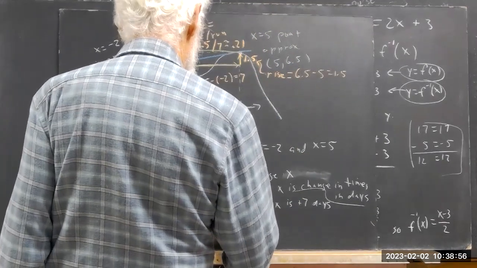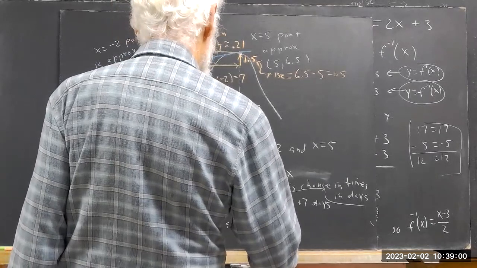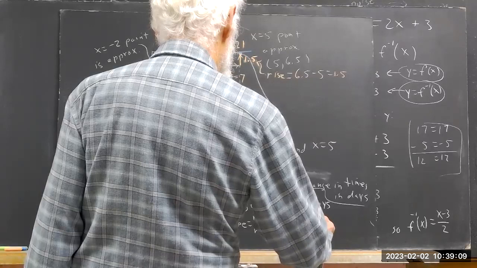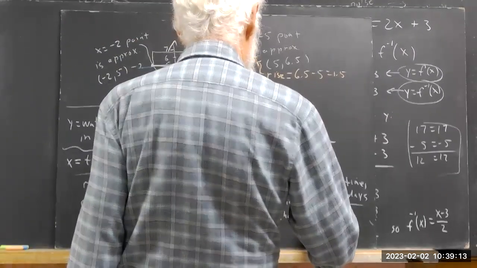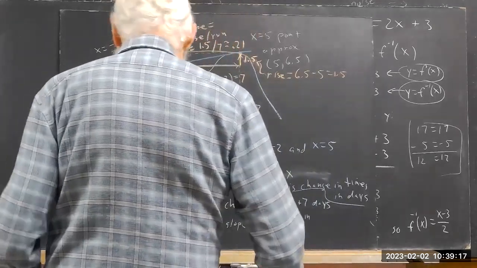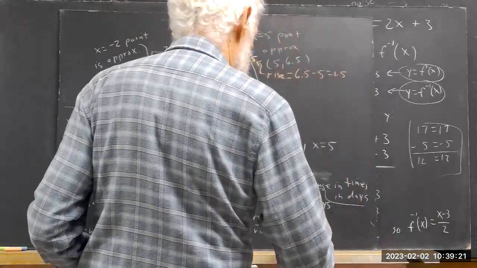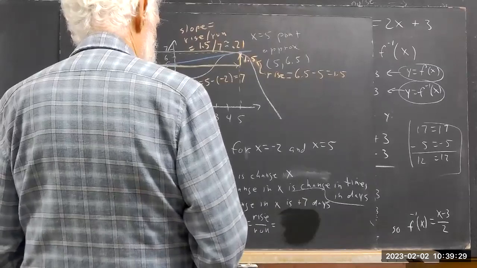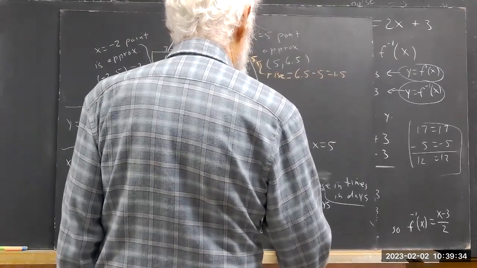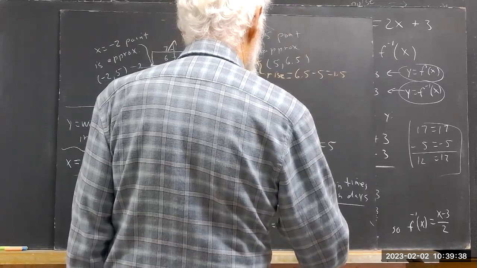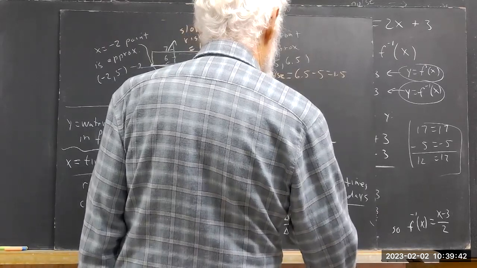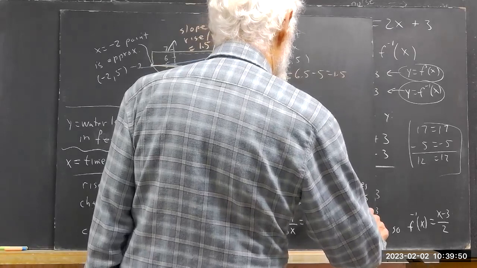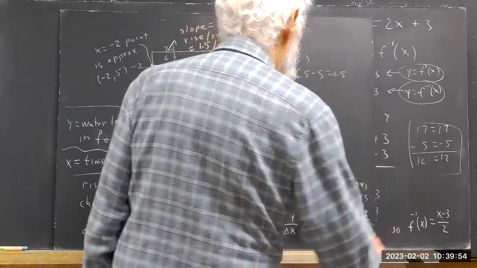So the slope is change in Y divided by change in X, 1.5 feet over 7 days. It's 0.21 feet per day.